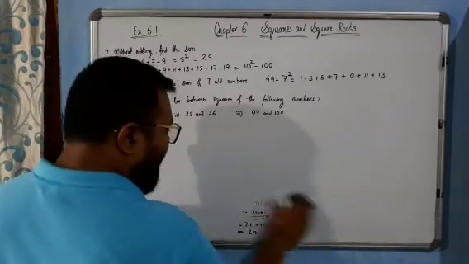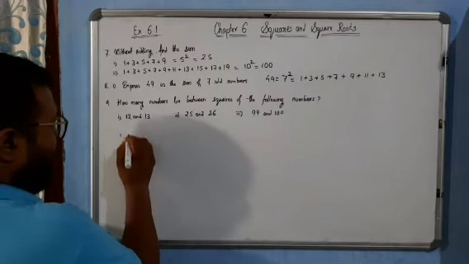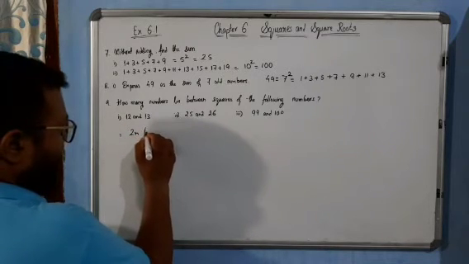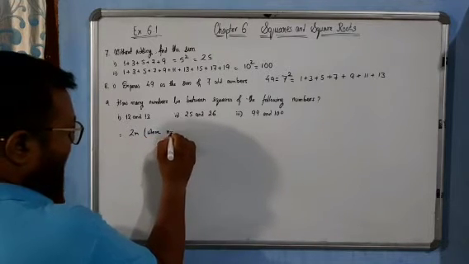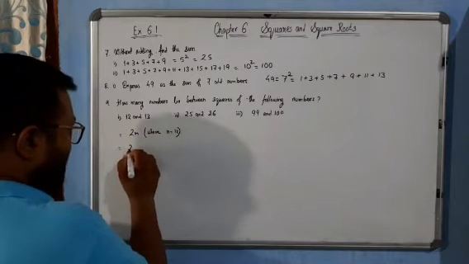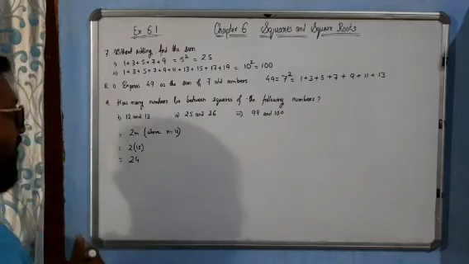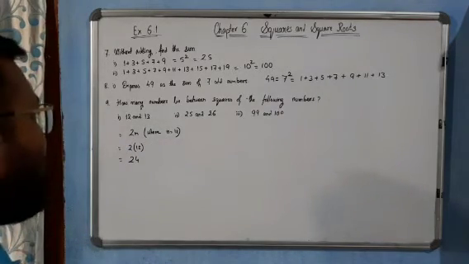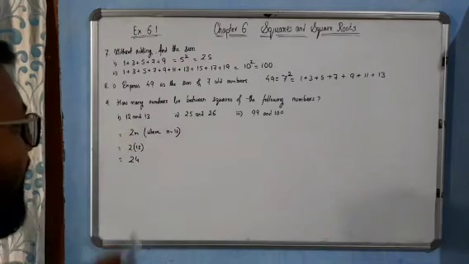For the first one, what will we write here? Twice n, where n is equal to 12, because the lowest one is n and the next is n plus 1. So 2 into 12 gives you 24. 24 non-square numbers you will find in between the square of 12 and the square of 13.